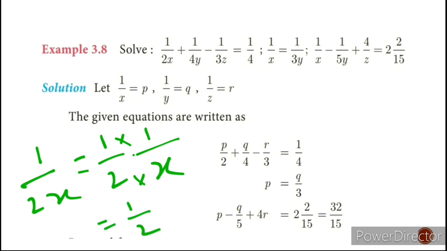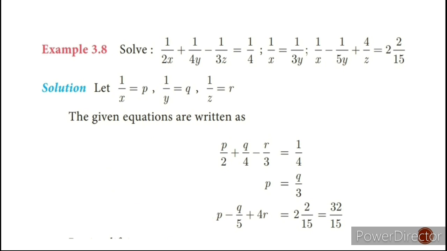I write 1 by 2 as it is, then instead of 1 by x, I write p. So p into 1 by 2 is p by 2. That's why I write p by 2 in the first term. Instead of 1 by 2x, I write p by 2. I understand this, so let's continue.